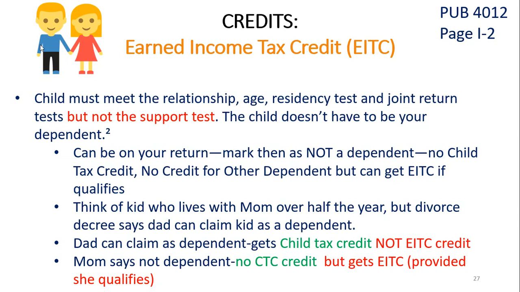Mom can't take the child as a dependent, but since the child lived with her for more than half the year, she can put the child on her return and check the box does not qualify as a dependent. And she can still get the earned income tax credit if all the other qualifications are met. And she could file head of household as long as she meets all the requirements for that.